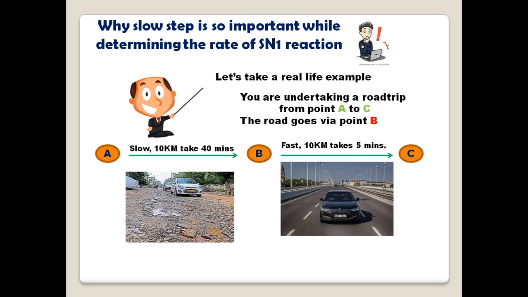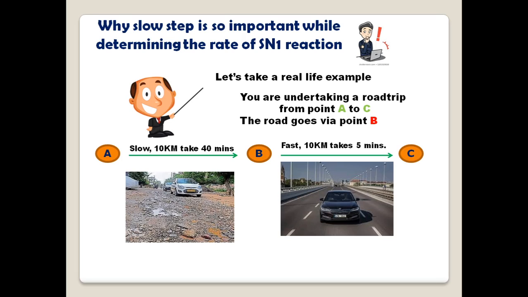Now suppose a friend of yours is waiting at point C and calling you over the phone, "Hey, where are you?" If you answer that you are at point A, you are starting right now, then your friend will get the feeling that, well, you will come within 40 to 45 minutes.